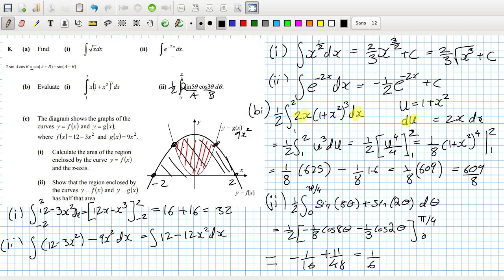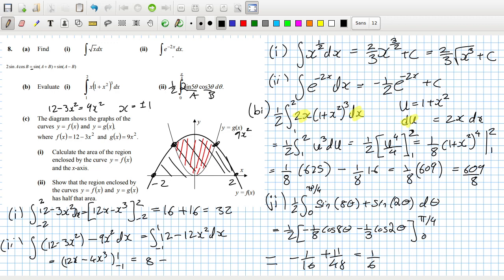Right, now we have to solve these two equations. So 12 minus 3x squared equals 9x squared. So that means x equals plus or minus 1. So that would equal 12x minus 4x cubed, 1 to minus 1. I put 1 in, I get 8.